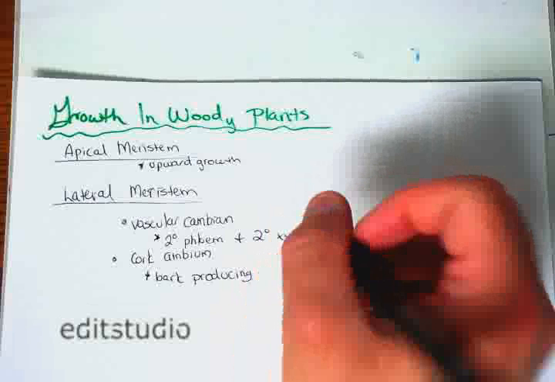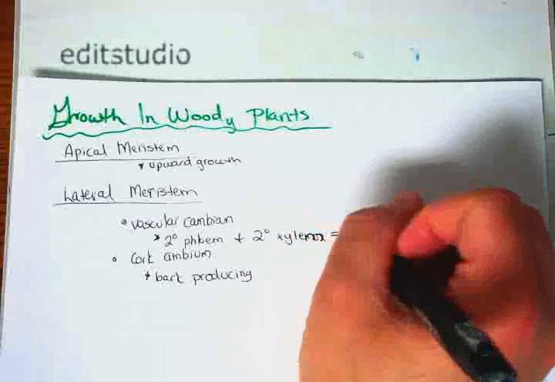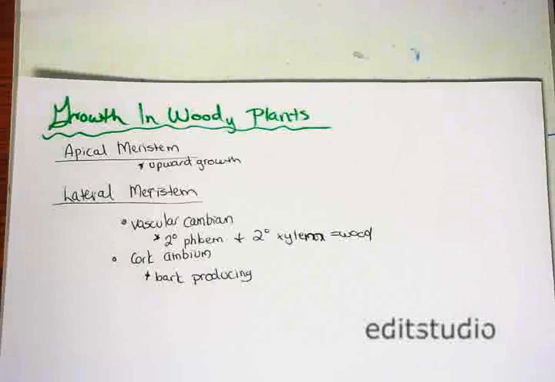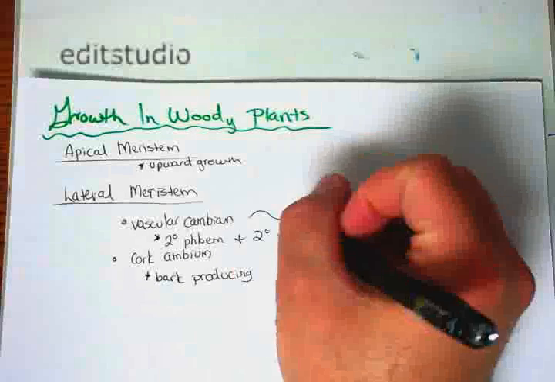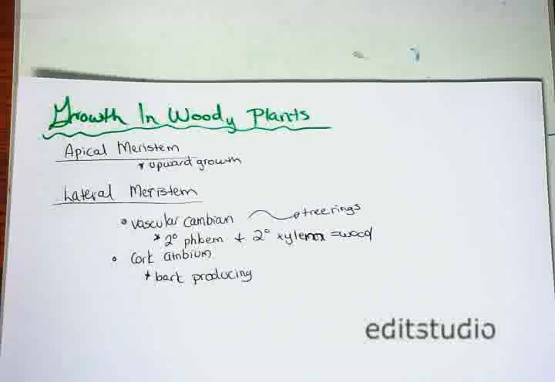It's the secondary xylem that actually becomes the wood, essentially. If you think about it, it's the vascular cambium that represents the tree ring, or what we consider stems. Okay?